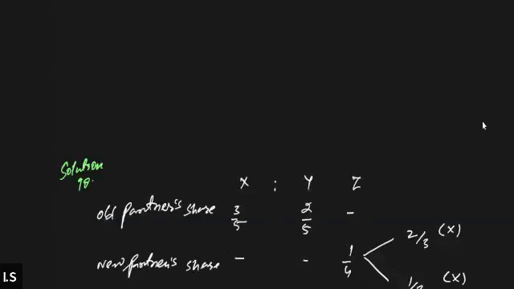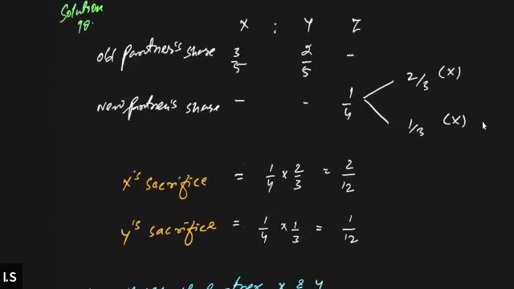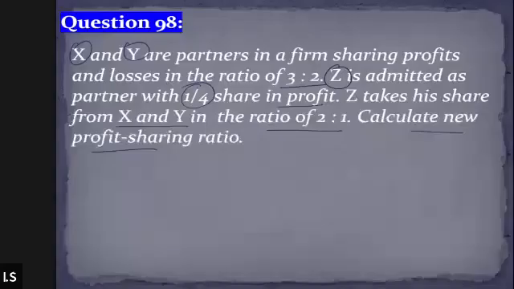And the new partner's share is how much? It is already given in the question. New partner share is 1 by 4. The question also tells us from whom Z will be acquiring this share. Z takes a share from X and Y in the ratio of 2:1.